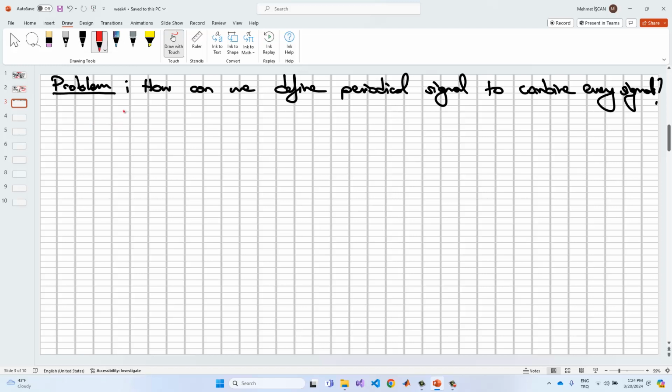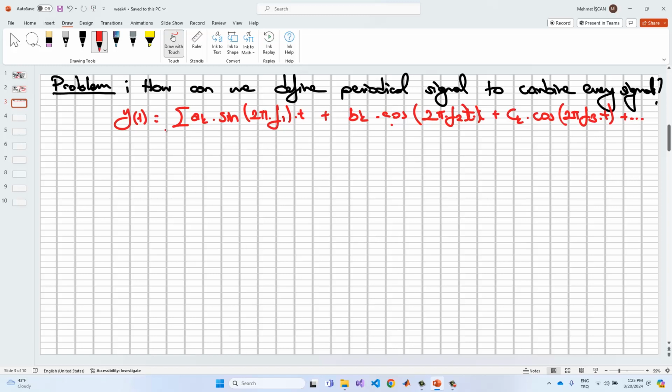In another form, y(t) is a combination of a_k sin 2 pi f1 t plus b_k cosinus 2 pi f2 t, plus c_k cosinus 2 pi f3 t, and so on. So we can define any signal based on this information. But how can we obtain the frequency value?